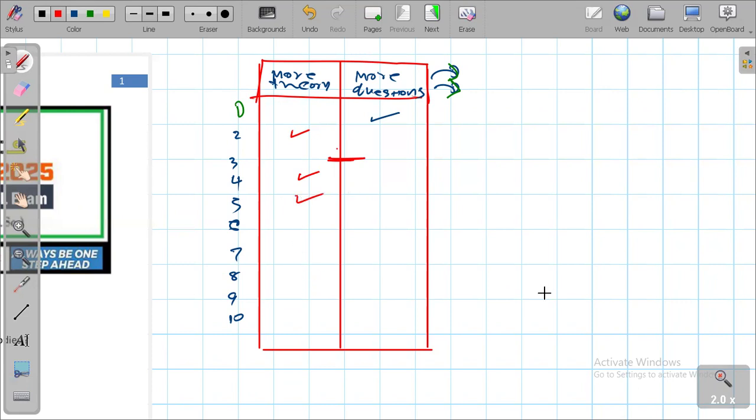One said more questions, another one said more theory. There are 10 people here. I need everybody's vote.